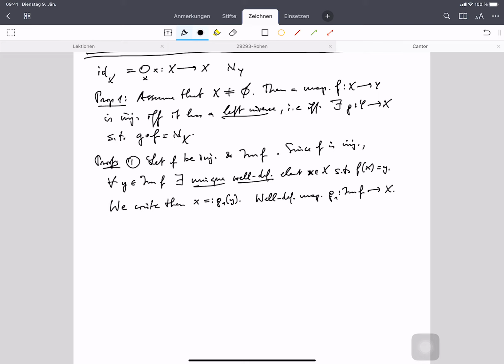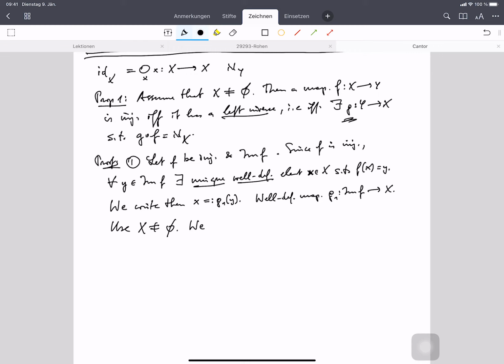Now, our mapping g should be defined on all of Y, not only on the image. Here we use the hypothesis that X is not void.